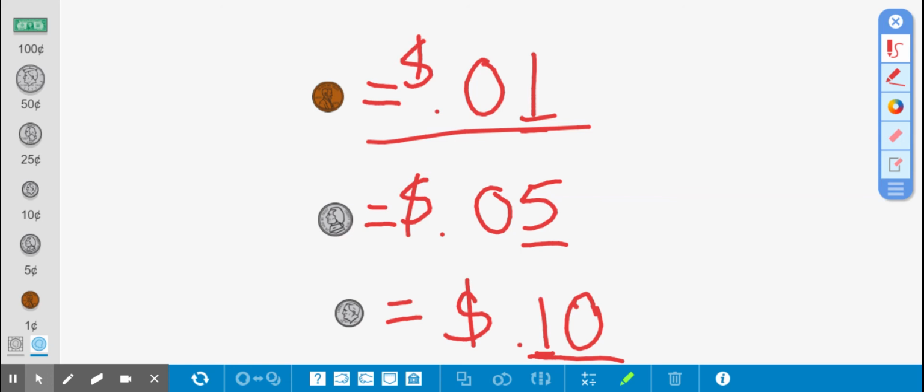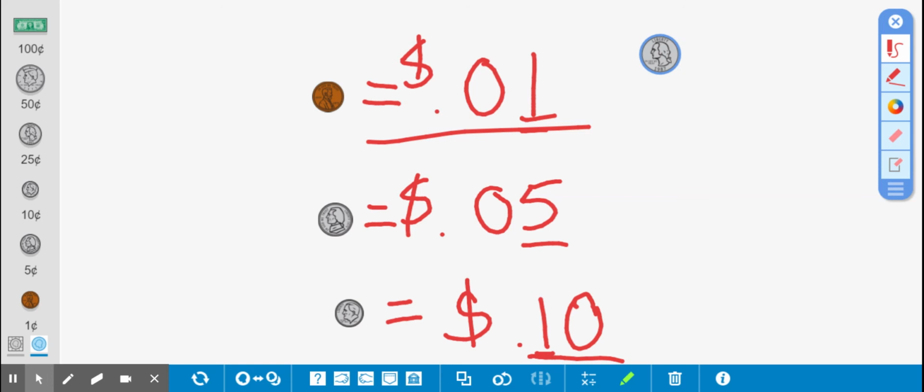Now, finally, the last coin that we're going to use, we're not going to use the 50-cent piece. It's not a very common coin. The final coin we're going to refer to now is the quarter. Now, we call it a quarter because it's 1/4 of a dollar. That's 1/4 of a dollar. Or it would be 25 cents or 25 pennies.